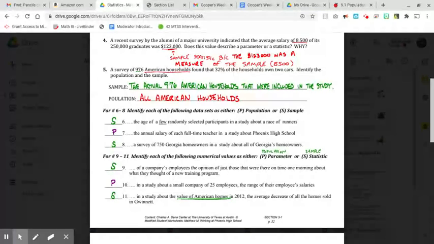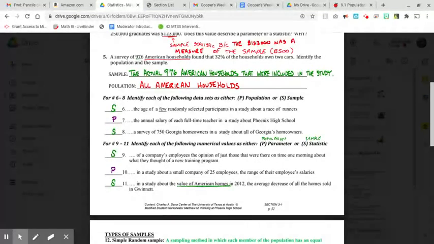Well, that would be a population because you've got all 25 employees in your company. Number 11, in a study about the value of American homes in 2012, the average decrease of all the homes sold in Gwinnett. So that's only in one city out of all the American homes. So that's just a sample of all American homes.